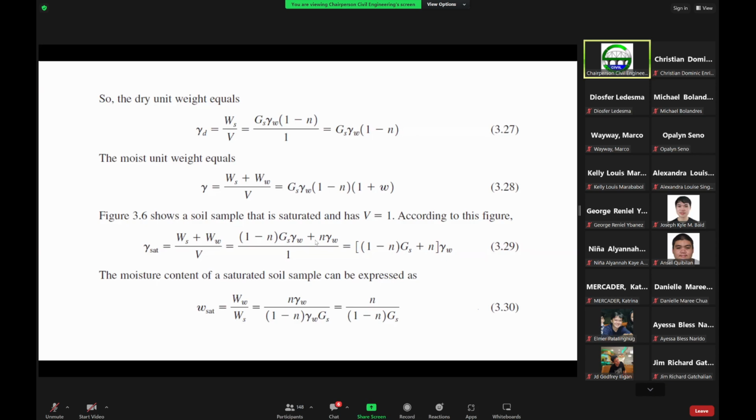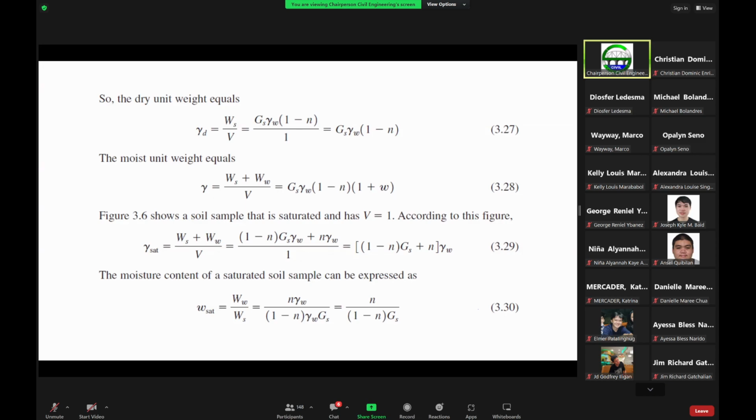Just factor out the unit weight, and then you now have 1 minus n times the specific gravity of solids plus the porosity. So that's for the saturated unit weight.